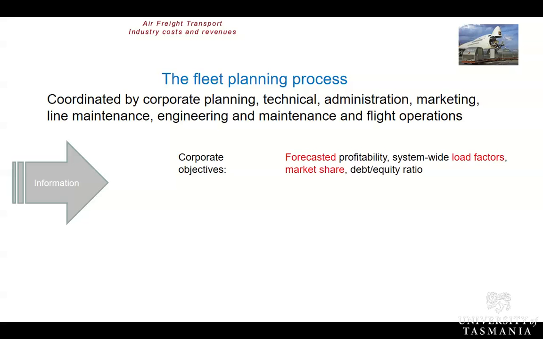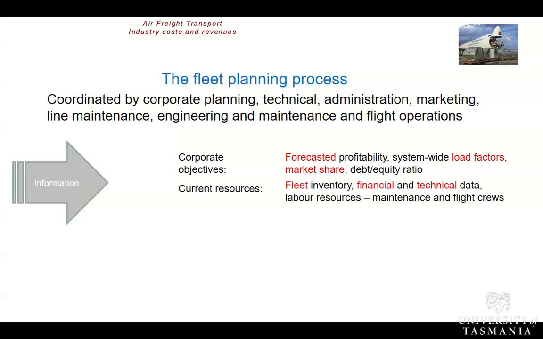So that requires aligning things such as profitability, load factors, market share, gathering information on your current resources, and it's all orientated towards the fleet. So fleet inventory, financial and technical data, maintenance and flight crews.